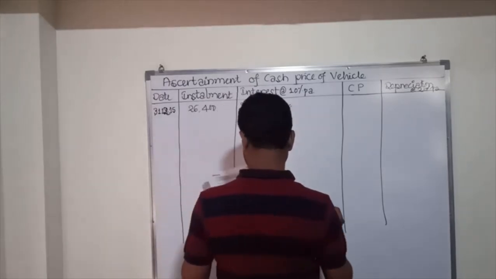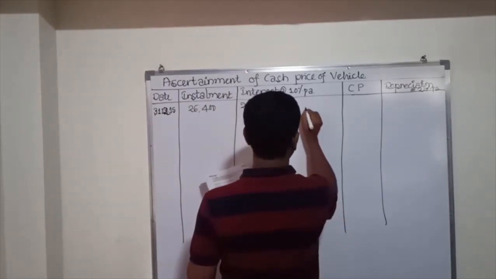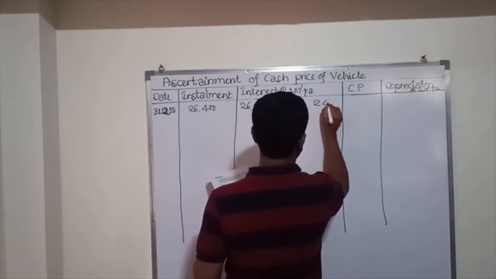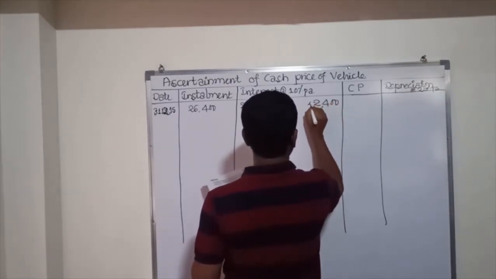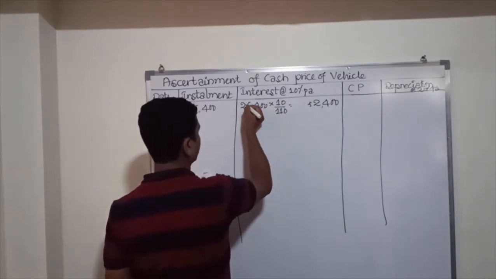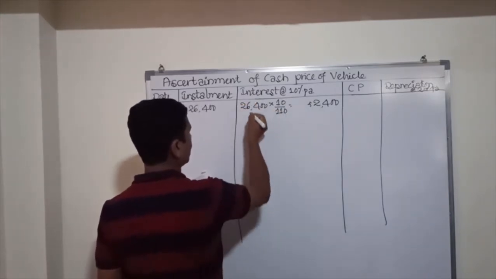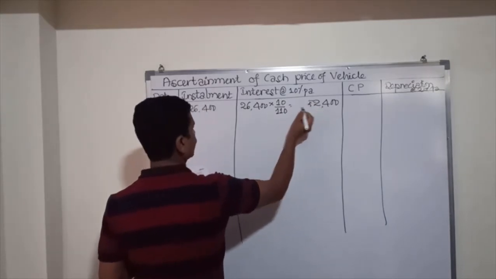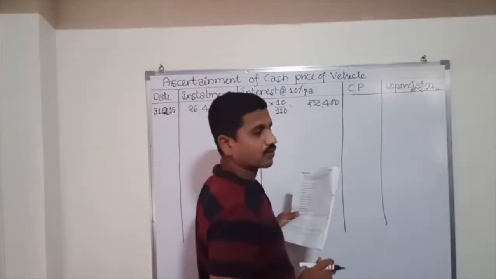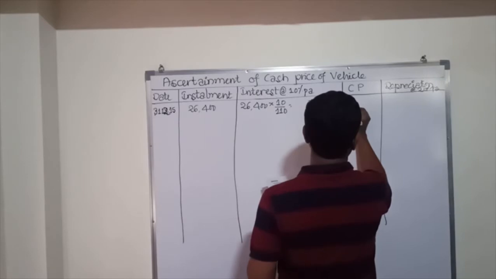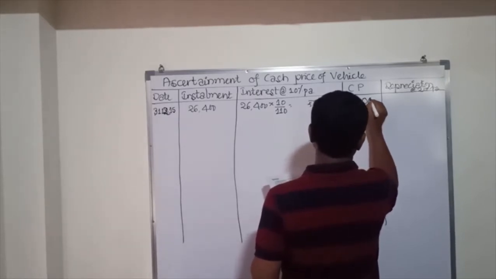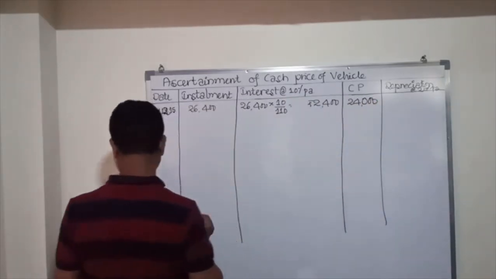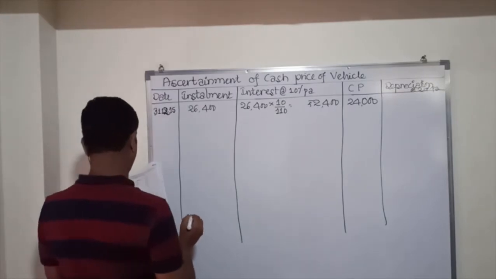That comes to interest of rupees 2,400. Very simple here. This 0 gets cancelled, 11 1s are 11, 11 2s are 22, 11 4s are 44. So this 2,400 should be deducted from 26,400, and we arrive at rupees 24,000.